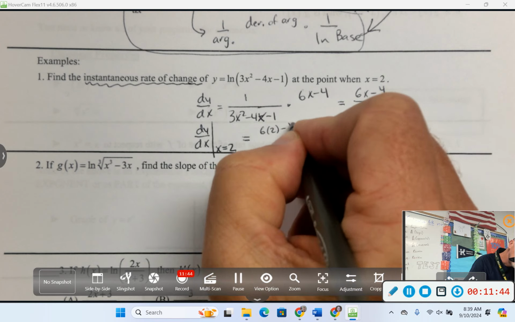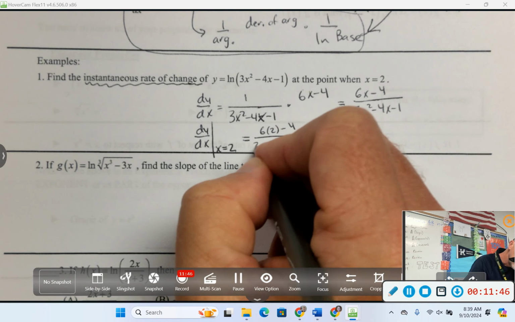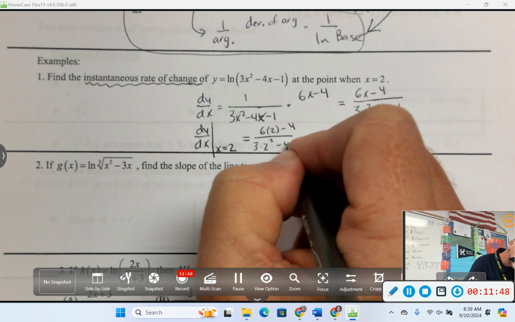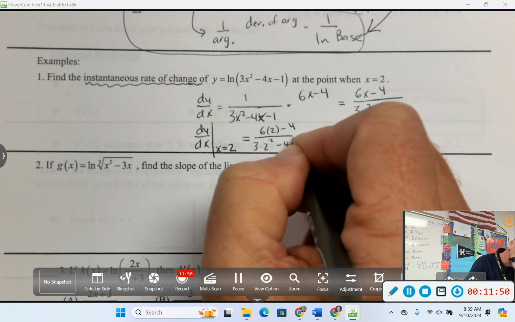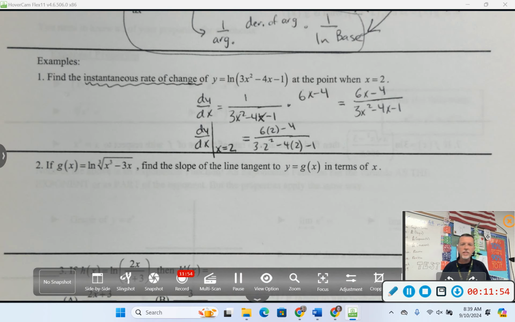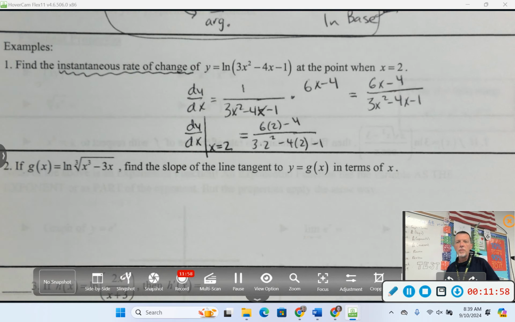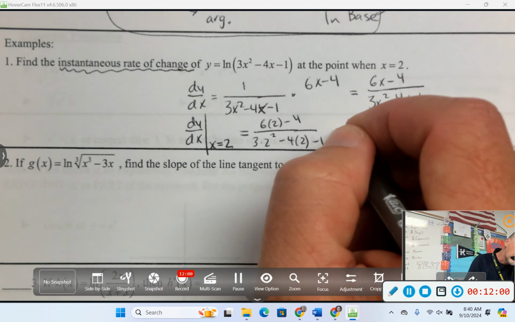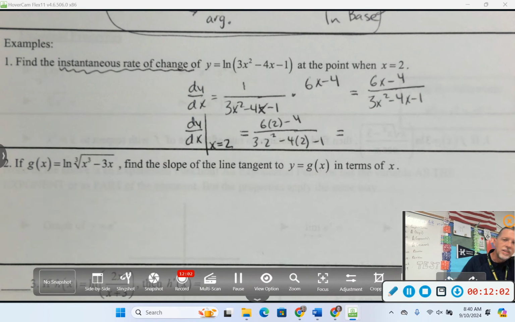6 times 2 minus 4, 3 times 2 squared minus 4 times 2 minus 1. Right, there's my safe stop. Why risk making a mathematical computational error when I don't have to?